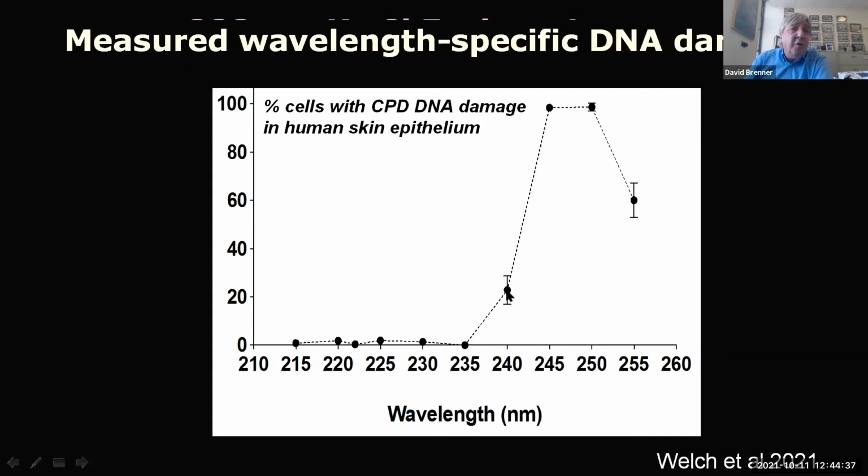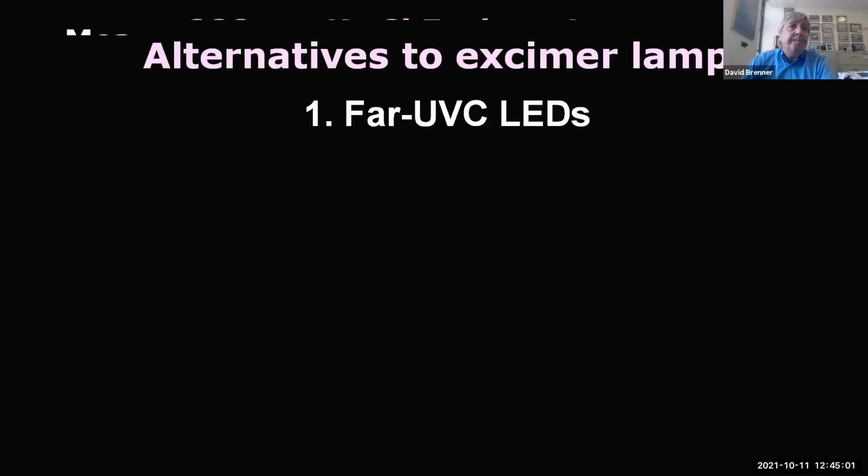But by 240, it's shot up quite considerably, and by 254, which is where conventional lamps are, you get a lot of DNA damage. So what we know is that you really need to design your filters so that you can eliminate light above about 235, 240 nanometers.